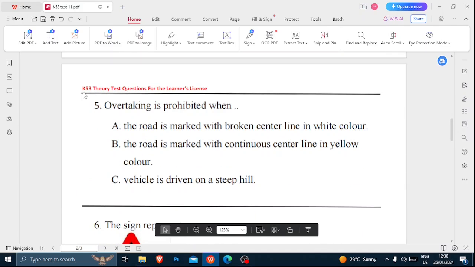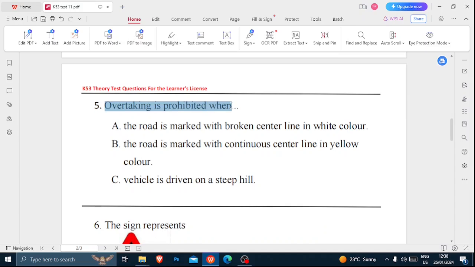Number five, overtaking is prohibited when. Now we're talking about overtaking being prohibited. So when is overtaking prohibited? Option A, when the road is marked with a broken center line which is white. Here I want you to pay close attention to this term, broken. Each time we talk about a broken white line, it means that you can cross that line.